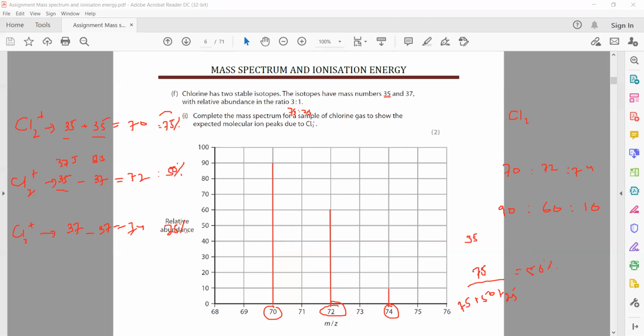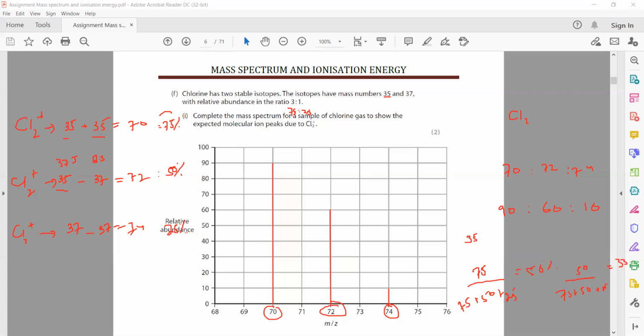When you check for the second one, which is 72, which is 50, divided by 75 plus 50 plus 25. So 75 plus 50 plus 25 is equal to 150. So 50 divided by 150 is equal to 33%.